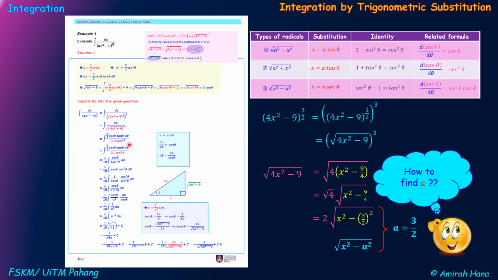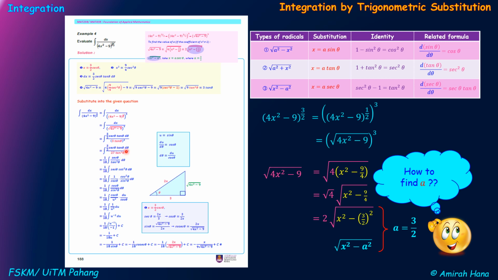Alright, at this point, we can simplify constant 3 over 2 and then divided by 27. So we got 1 over 18. So ni constant. So kita terus move out from integration sign.